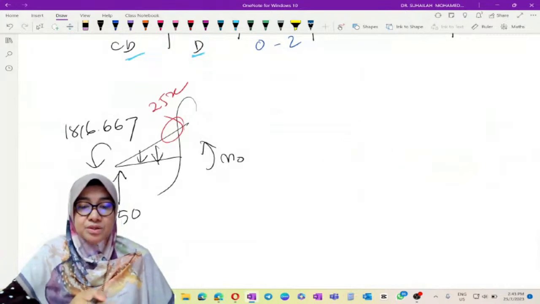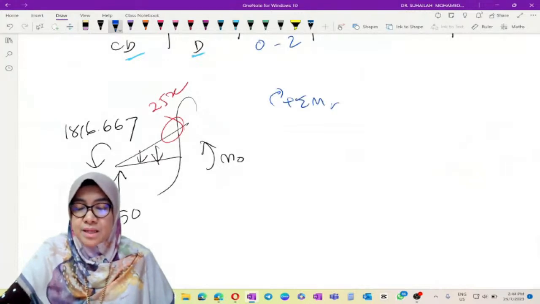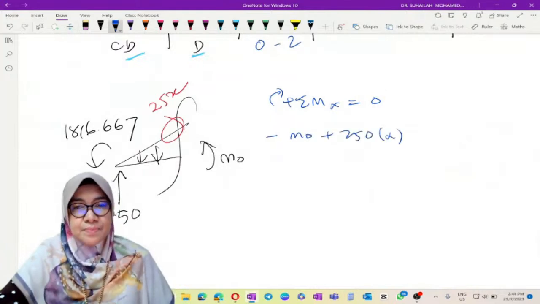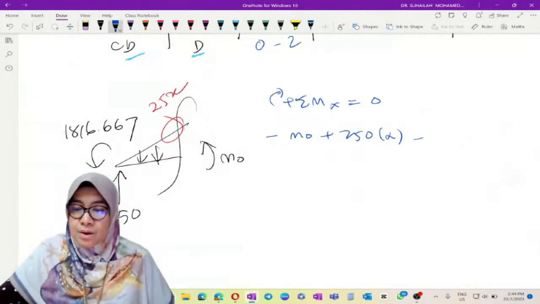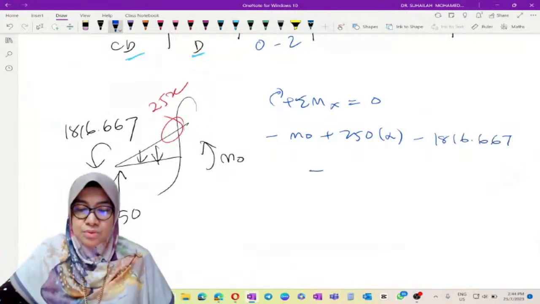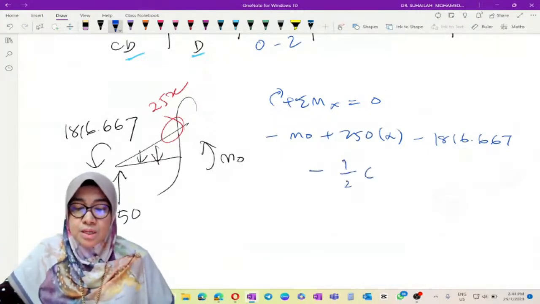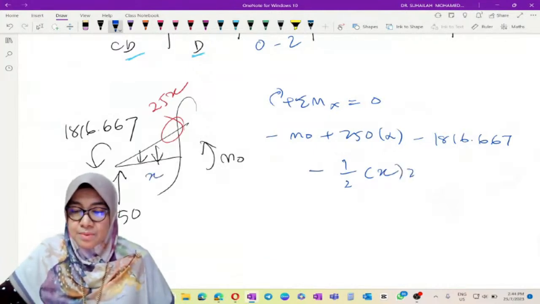By taking moment at the cutting point equal to 0, what we get is negative M naught plus 250x, we minus 1816.667, and we minus also the force, which is the area, 1/2 times x, because this is x, times 25x.